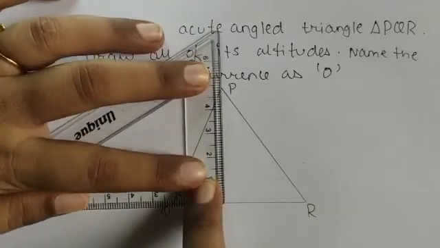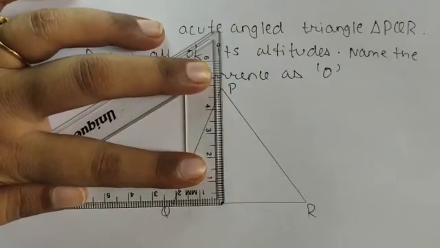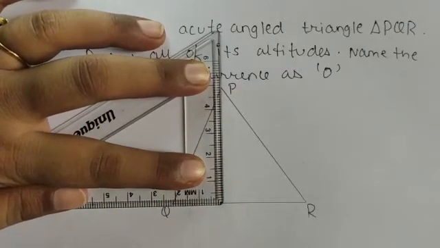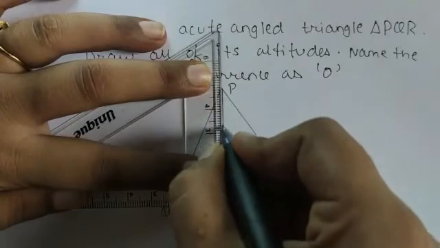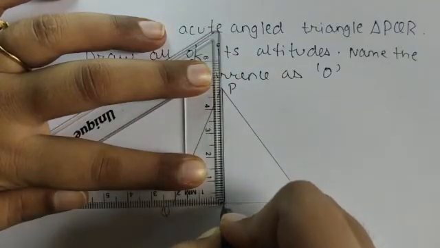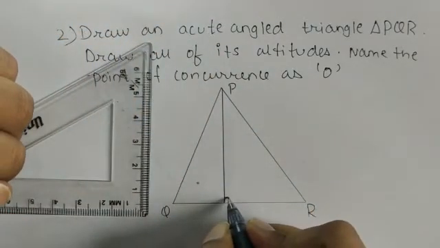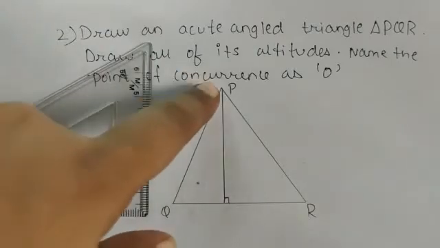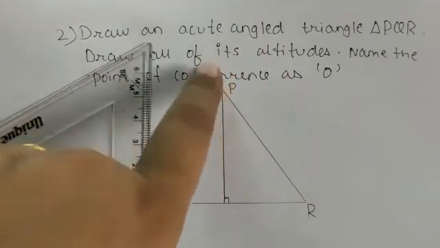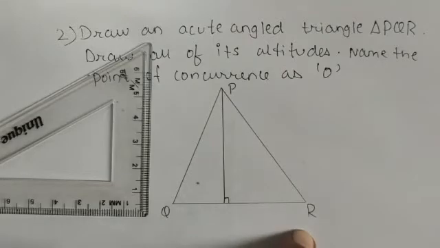We will place the set square in this position and we will draw a perpendicular. So we have drawn a perpendicular segment from vertex P to its opposite side QR.